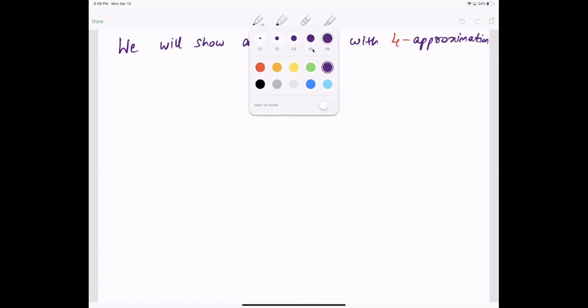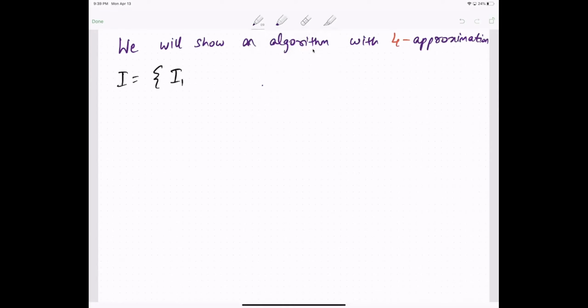Let's say I'm given a set I of n intervals like this, and their weights are W1, so on up to Wn.